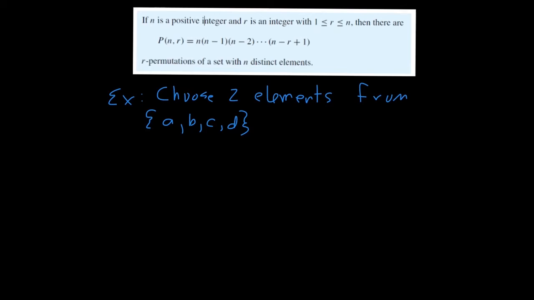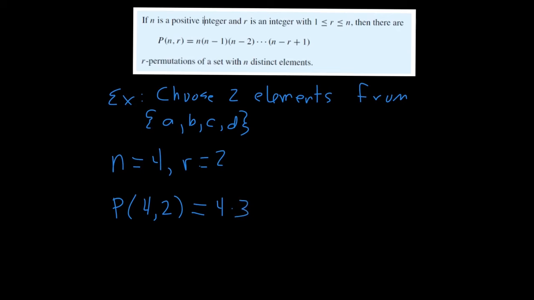So what I have here is a set with 4 elements. So n is equal to 4, and I'm choosing 2 of them, so r is equal to 2. I'm counting permutations of 4 objects taken 2 at a time. If I follow the definition up there, it's going to be 4, and then I just keep going down: n times n minus 1 times n minus 2, so I would have 4 times 3.